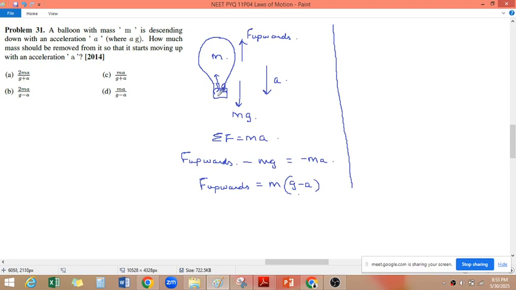But if there are some sandbags, that's what they do. You can push out the sandbags. That means you can reduce the mass. So they're asking how much mass should be reduced so that it will start moving up with an acceleration a. So you see, not an easy problem. So you have to think a lot.